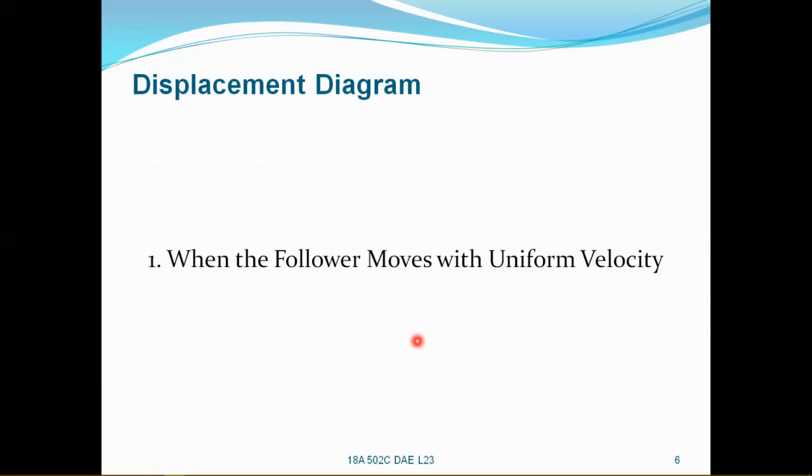The knife edge follower may have uniform velocity, the roller follower may have uniform velocity, and the flat follower also may have uniform velocity. If they are having uniform velocity, then how to draw a displacement diagram? Let us see.